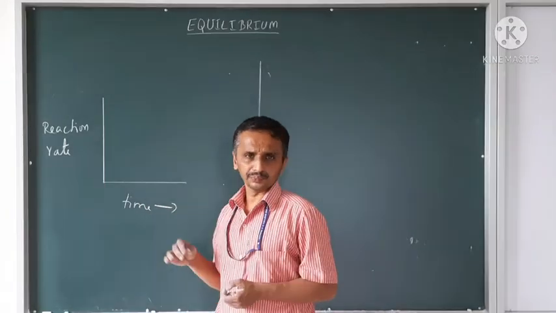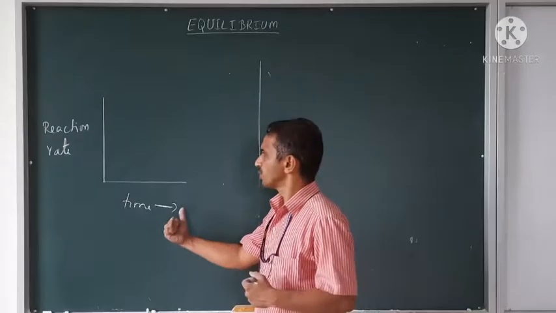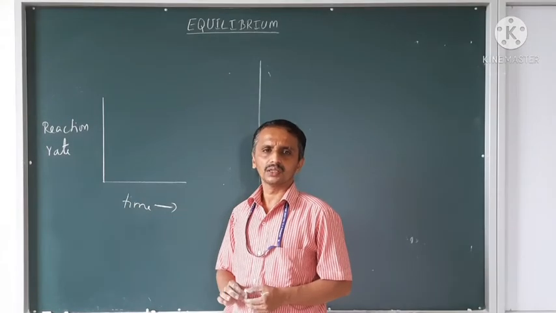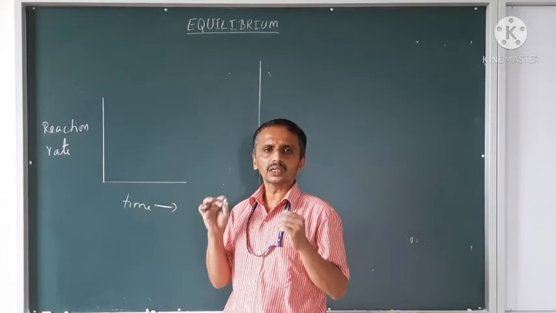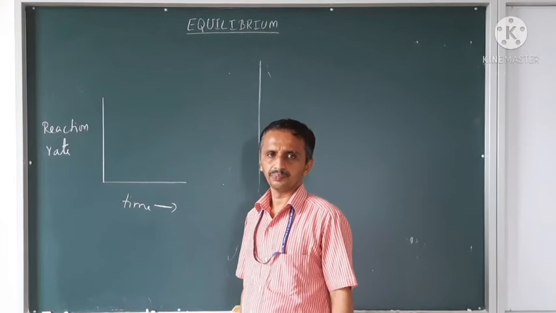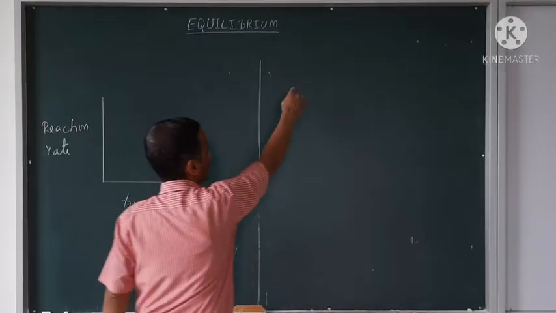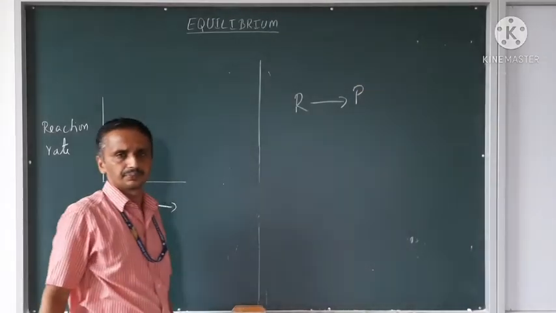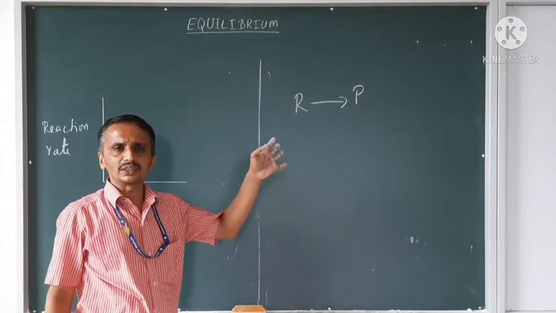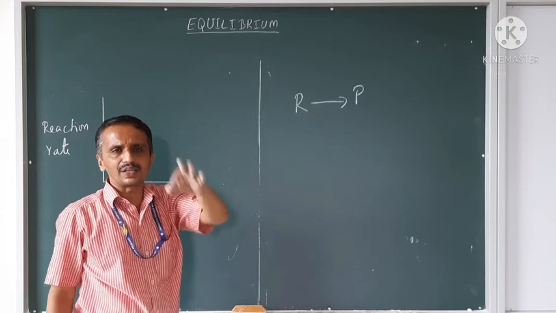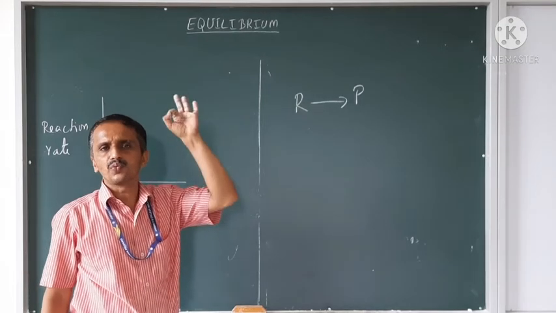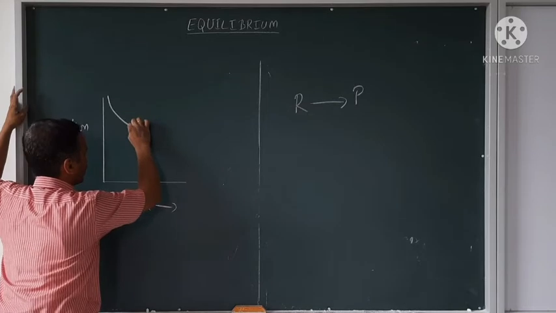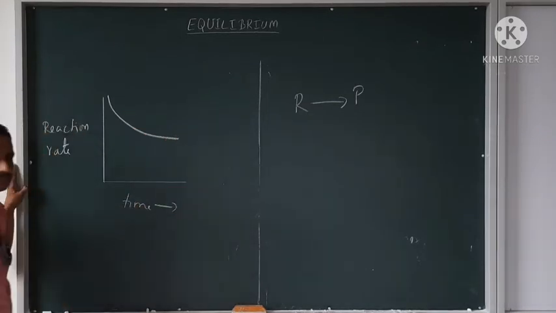Now, if I go for a graph of time versus reaction rate for the reversible reaction, how may the graph be? See, reactant giving the product. So, concentration of the reactant goes on decreasing. Means for the reactant, I will have a graph which is of decreasing nature.